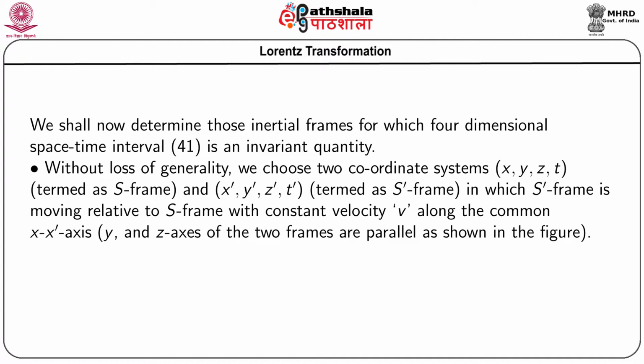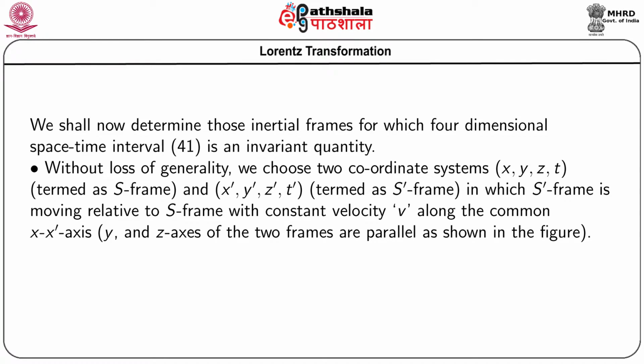Now, we consider two reference frames, one is the S frame with coordinate system x, y, z, t, and another one is the S dash frame with coordinates x dash, y dash, z dash and t dash.